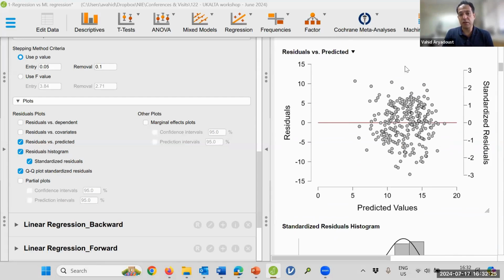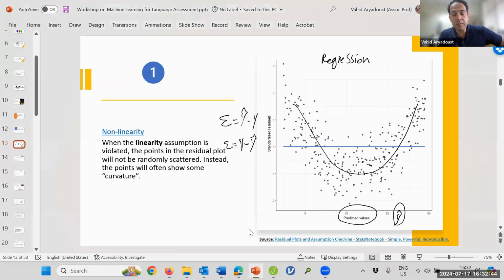So I'm going to scroll down on the output and take a look at residuals versus predicted. Question, based on what I just mentioned, do you think that the assumption of linearity is supported or not supported by this graph? Since you already have the data in front of you, I'm going to present the slide once again so you can compare this with what I am displaying.